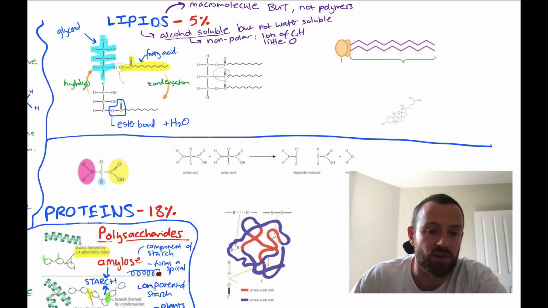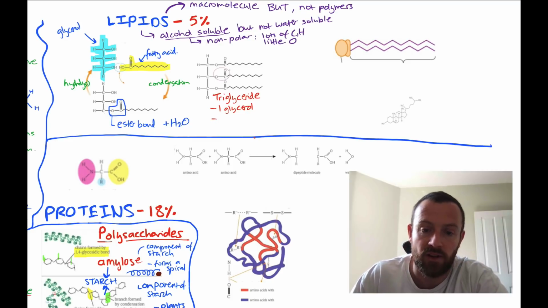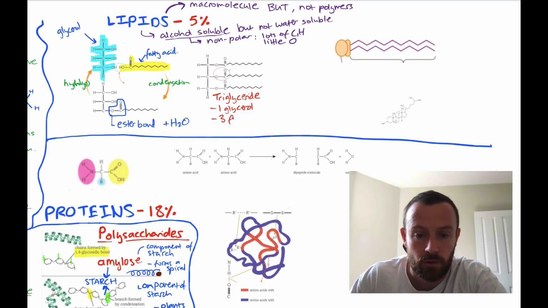Now, what we can actually do is 3 condensation reactions. We can attach a fatty acid to this OH here. We can attach another one here, and we can attach another one here. So this molecule over here is the result of that, and we call it a triglyceride. So it's 1 glycerol and 3 fatty acids that have been joined.